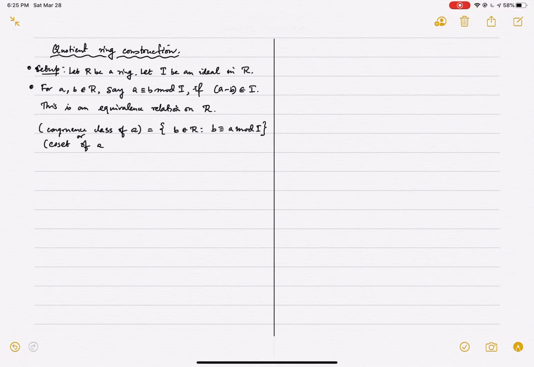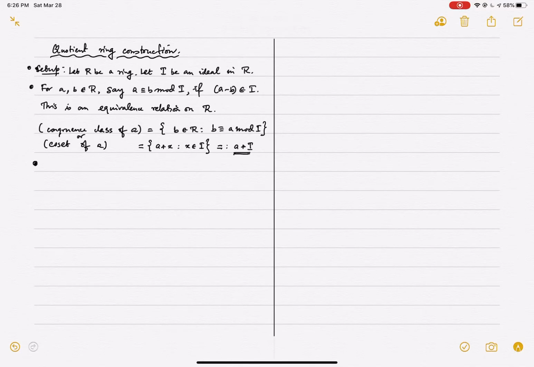The congruence class of a, the coset of a, the equivalence class with respect to this equivalence relation, they all mean the same thing. This set happens to be all elements of the form a plus x, where x varies over the ideal I. And a good notation for this set is a plus I for that reason. So we denote it by a plus I, meaning the set of all elements of the form a plus x, x varies over I.